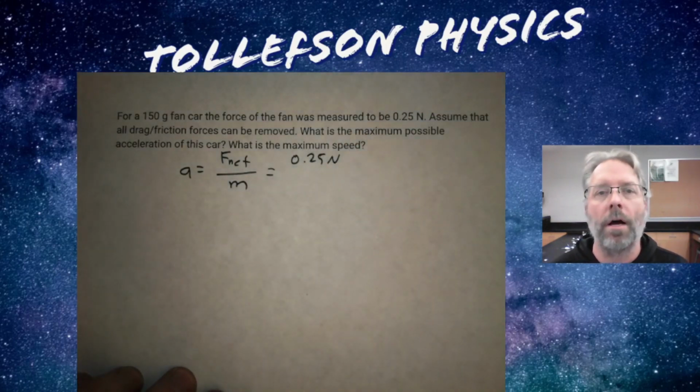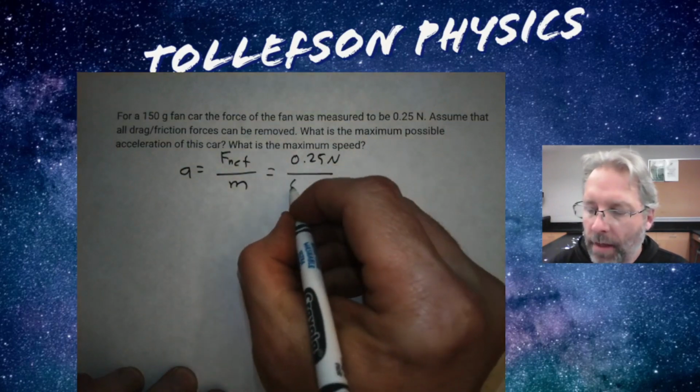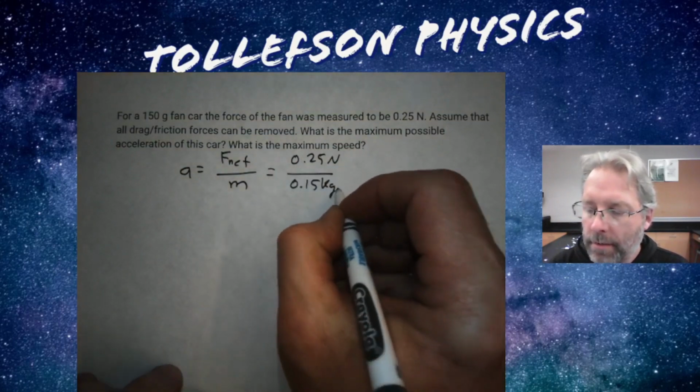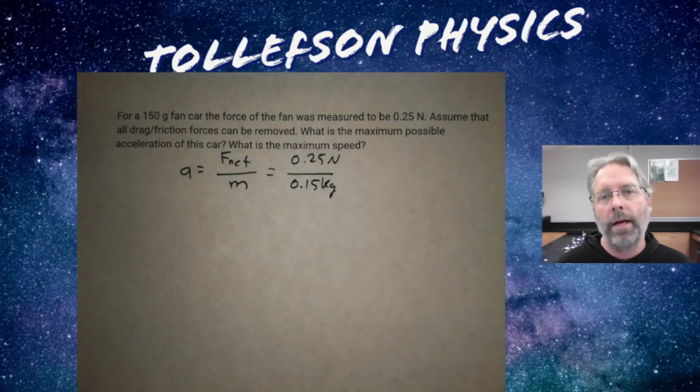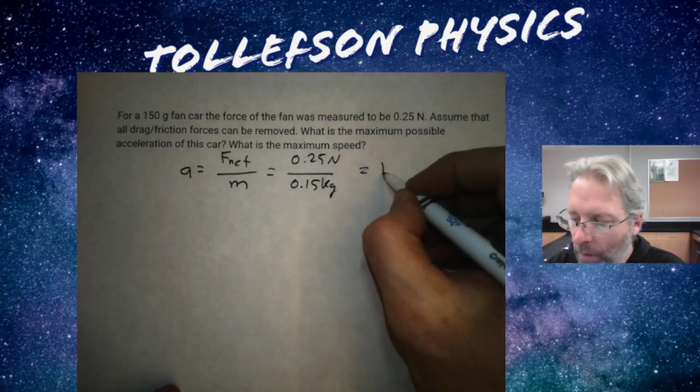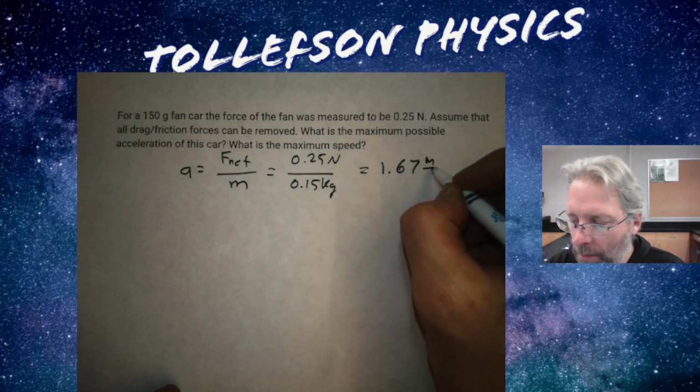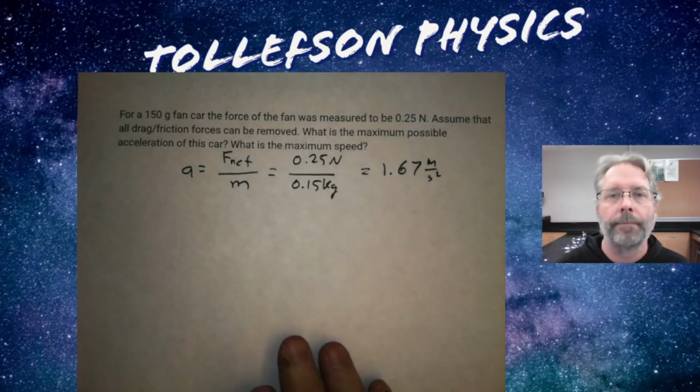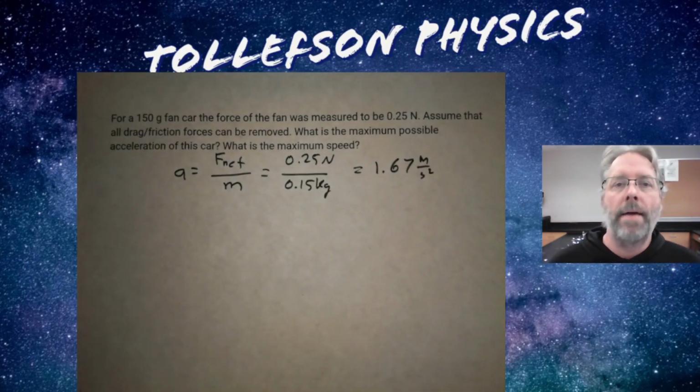All the friction forces are gone. And the mass of the car is still 150 grams, which is 0.15 kilograms. And so if I take 0.25 divided by 0.15, I get 1.67 meters per second squared. All right, so that's the maximum acceleration.